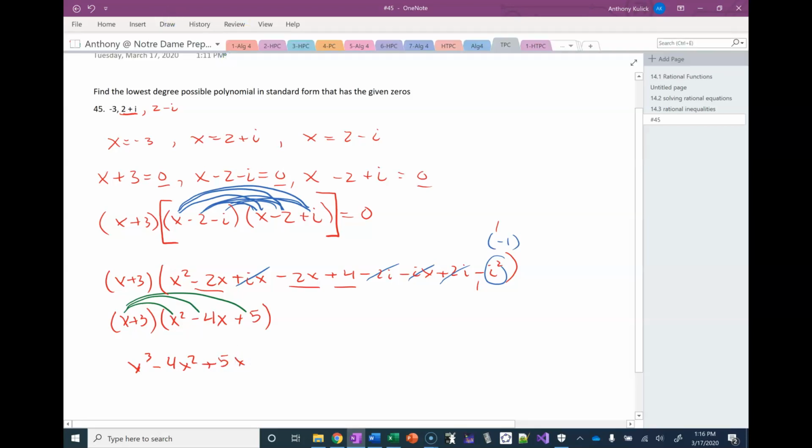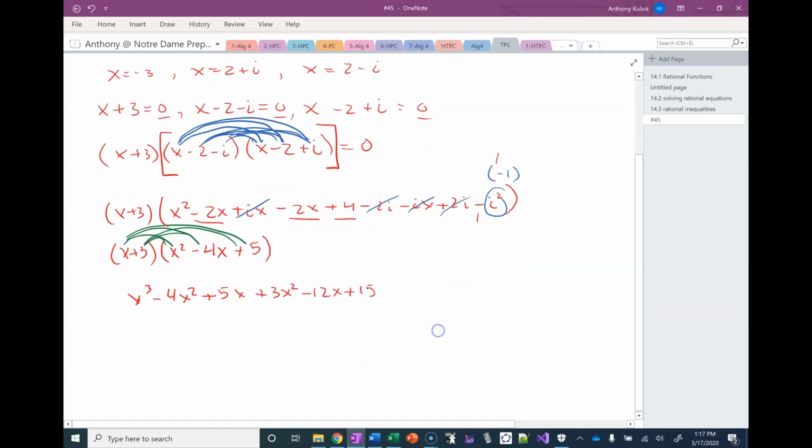And then I'll multiply the 3, so that'll give me 3x squared minus 12x plus 15. And when I combine like terms here, I'm left with x cubed minus x squared minus 7x plus 15. So that should be our final answer.